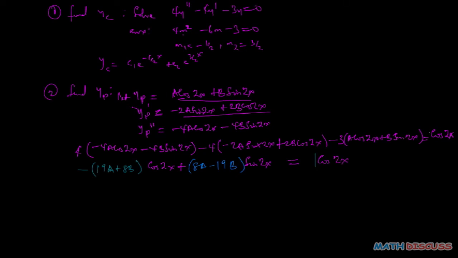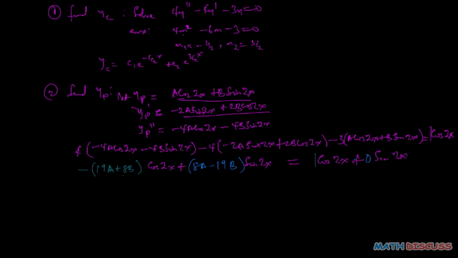It's as good as if there is 1 here. Since there is nothing here, it's just 1 times cosine of 2x, which is still the same thing as cosine of 2x. And then since we do not have any sine of 2x term there, the coefficient of sine of 2x on the right hand side is going to be 0. So plus 0 times sine of 2x. Our aim is to compare coefficients.